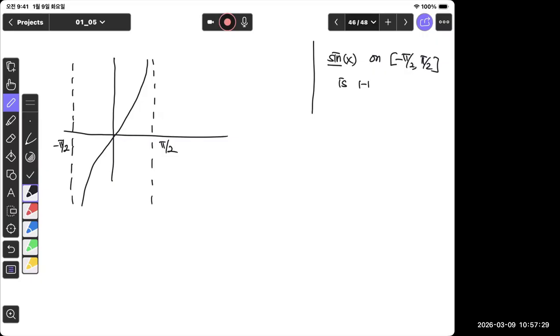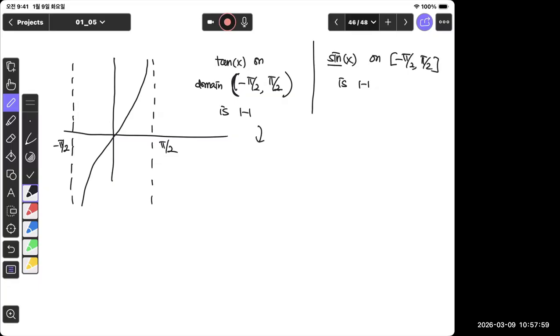But in case of the tangent function defined on minus half pi to half pi, excluding the endpoints, it is one-to-one. So this is the domain of the tangent function, from negative half pi to half pi, not including the endpoints.